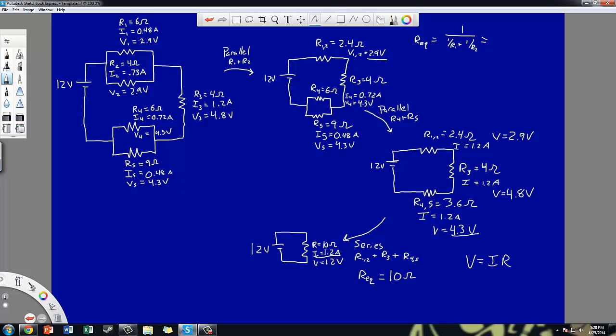And so because of that, I'm pretty confident that all of my numbers are correct, and I have solved for what the current running through each resistor is and what the voltage difference across each resistor is. And there we go. That's solving a little bit more complicated circuits involving resistors.